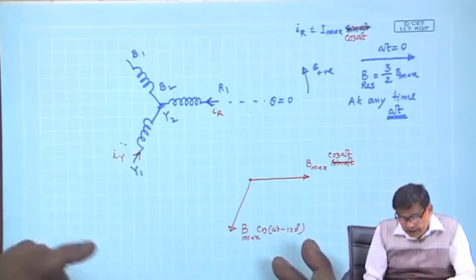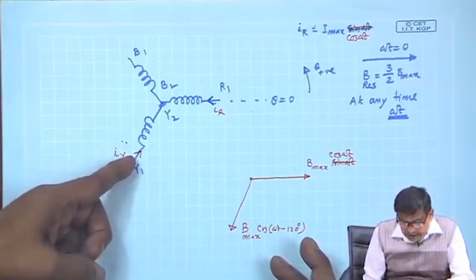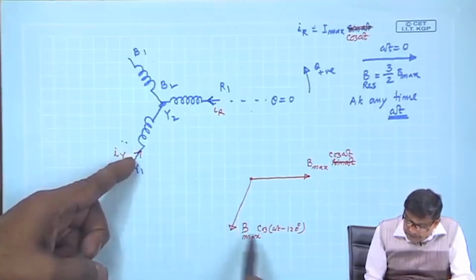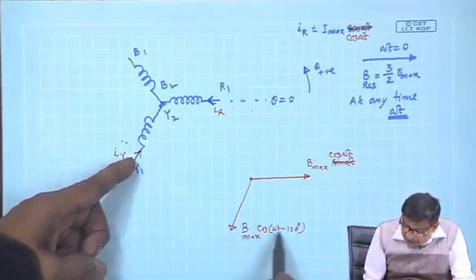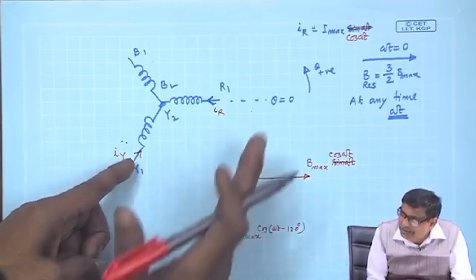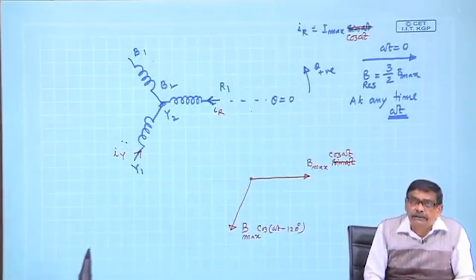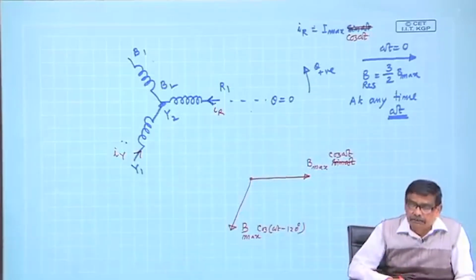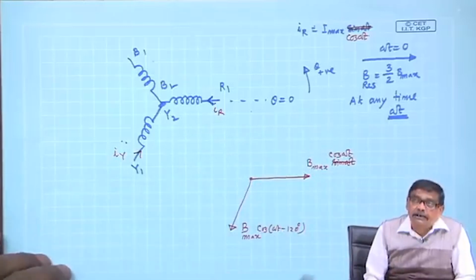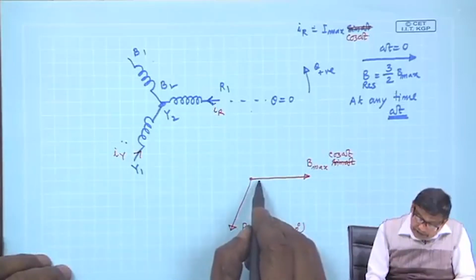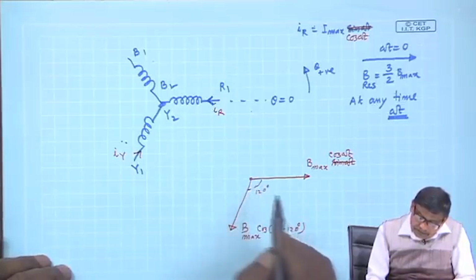On top of it, this current may have a negative instantaneous value. Then this equation will give you a negative quantity, which means actually your B is opposite. So, the equation takes care of that reversal of the vectors. It is a sort of generalized approach, but nonetheless this angle is 120 degree electrical.